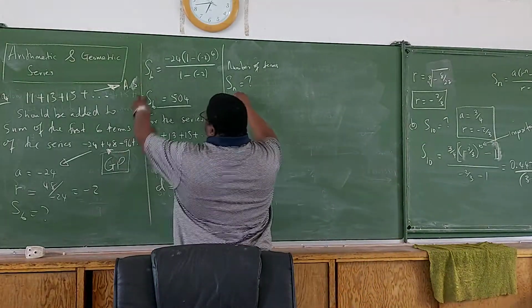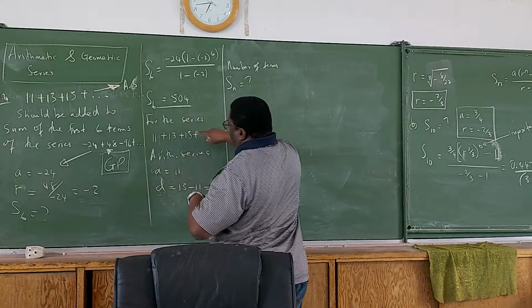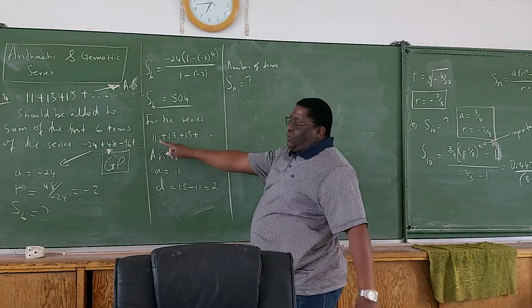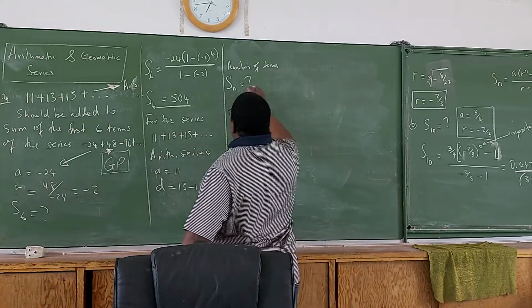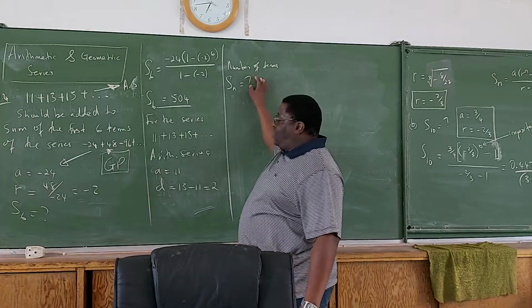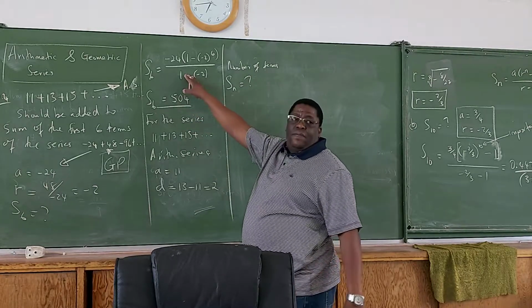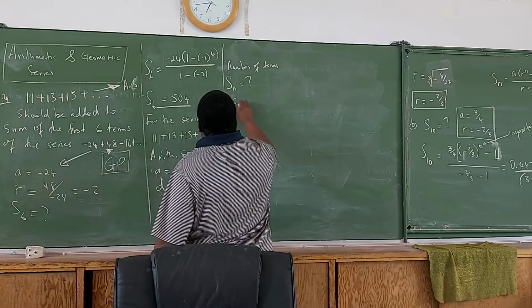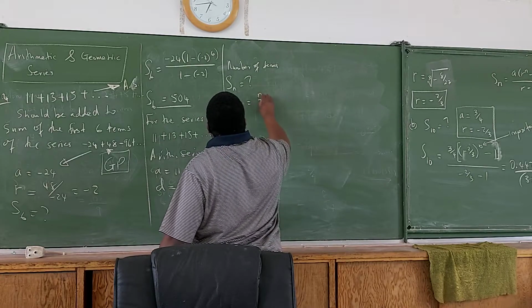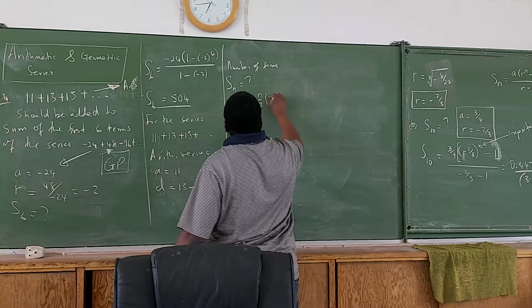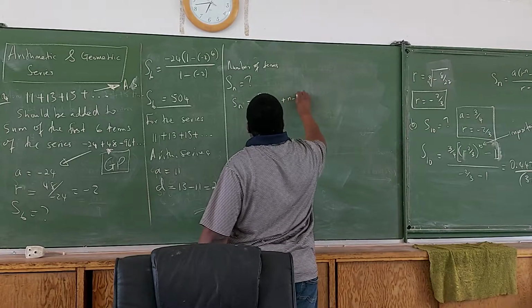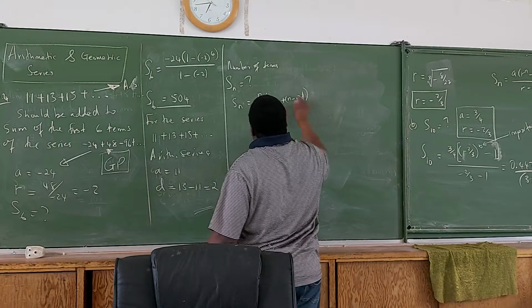Remember I said this is an arithmetic progression, an arithmetic series. So now you cannot use the same formula as we used here. For S sub n of this, it's n over 2, then 2a plus n minus 1 times d.